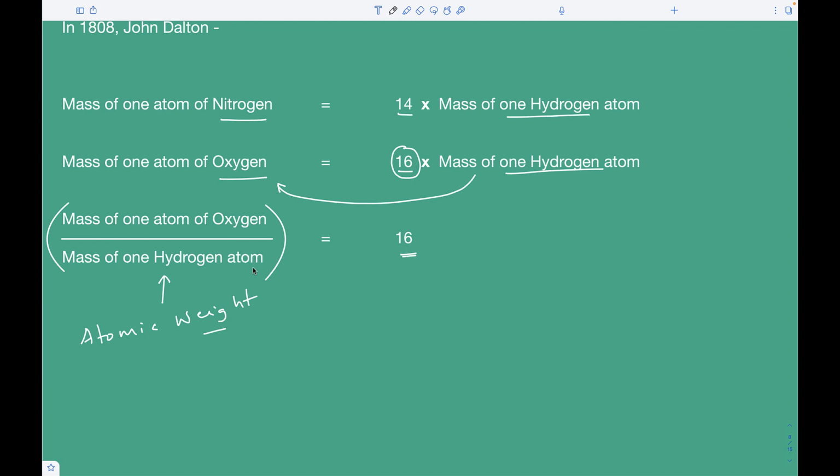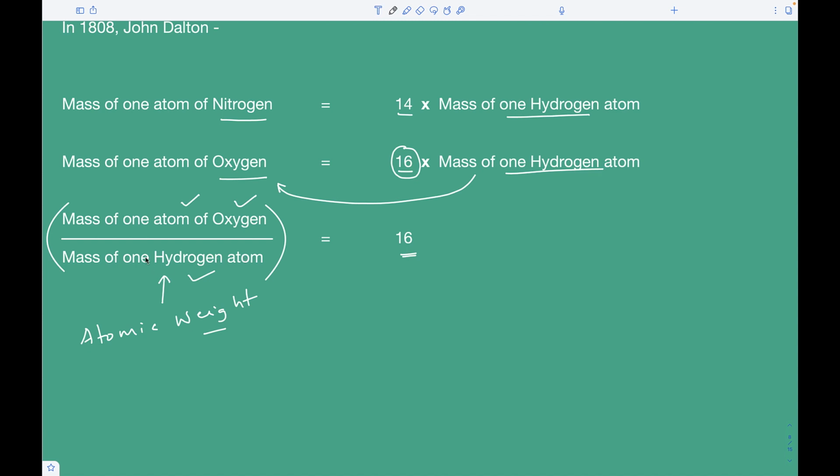And here is the interesting part. He determined atomic weights as the values of this ratio for different elements without knowing the values of the numerator and the values of the denominator separately. Don't think that he measured the mass of the oxygen atom in kilograms and that of a hydrogen atom as well in kilograms and divided one by the other.